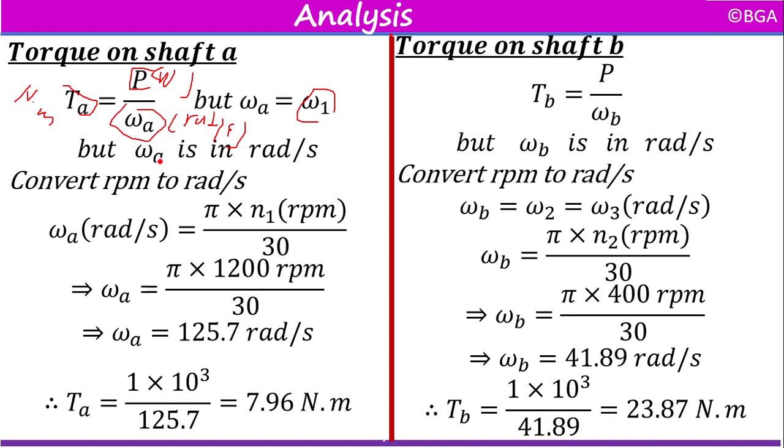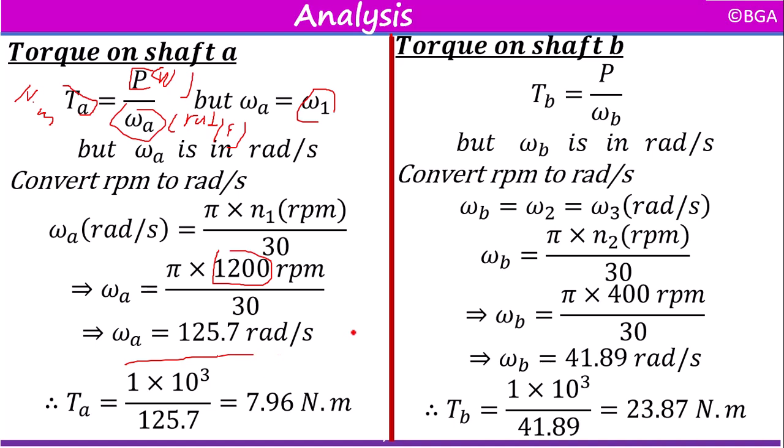Here omega A is already given to be 1200 RPM. So we need to convert this RPM to radians per second. For that, you can use this equation: pi multiplied by RPM of that gear divided by 30. So RPM of that shaft is given to be 1200 RPM. If you calculate the value, you get the speed to be 125.7 radians per second.